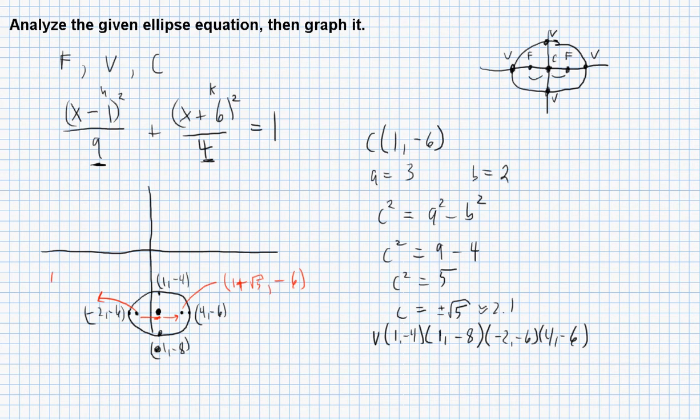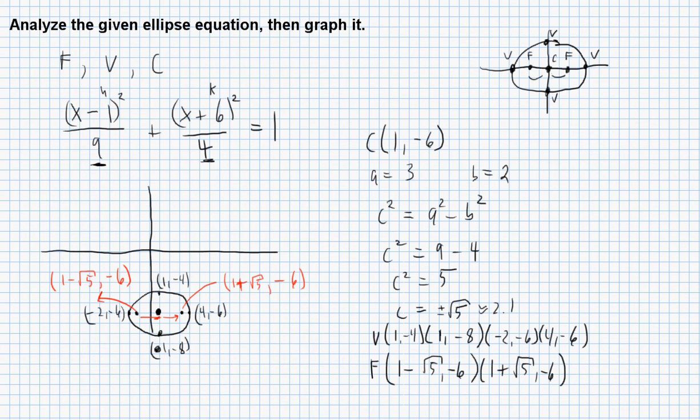So its coordinate is going to be 1 minus radical 5, comma, negative 6. We're not going to bother to calculate that, although we could on our calculator. So down here, for the focal points, I'm going to put those coordinates down: 1 minus radical 5, comma, negative 6, and 1 plus radical 5, negative 6.